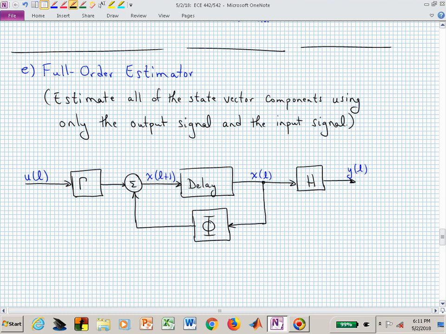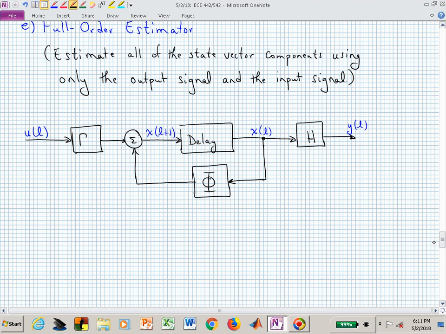But all we can do with that system is measure the output y and the input u. We can't go in and access all of the state variables. We want to be able to estimate those. But we're assuming we know phi, gamma, and H. And we want to build an estimator. How might we do that?